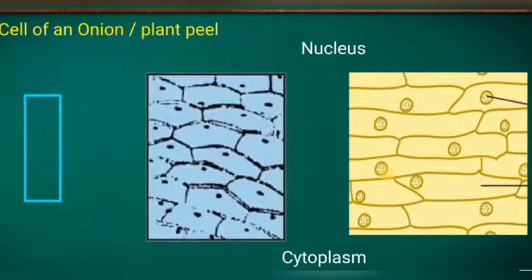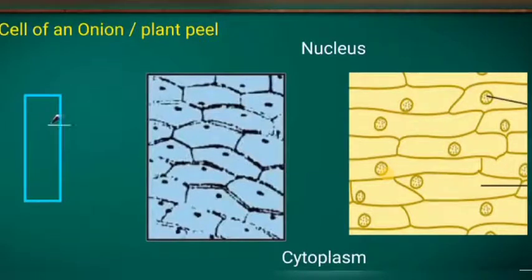First of all, we take the onion, and then we take an onion peel, which is transparent. Then we stain it with safranin. Safranin is a stain that gives color to the cell, by which we can easily understand the structure of the cell.